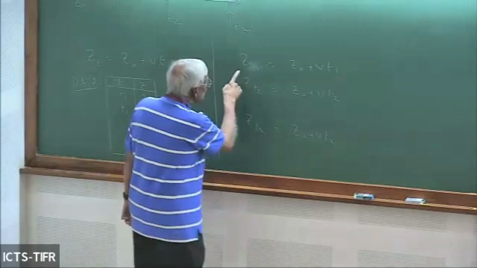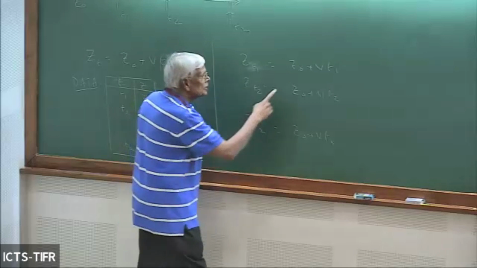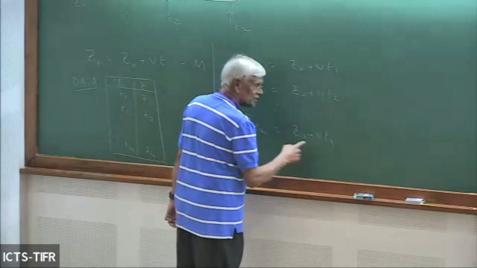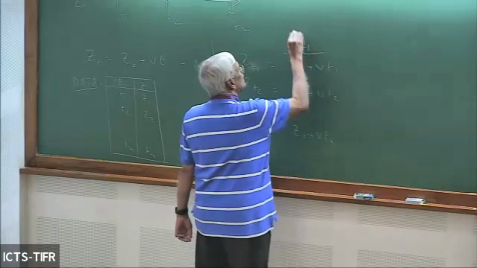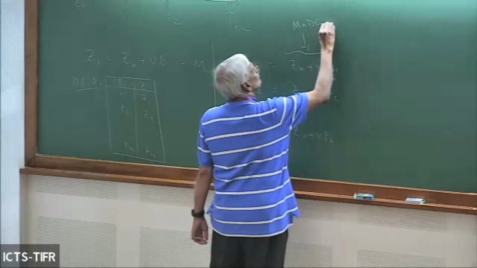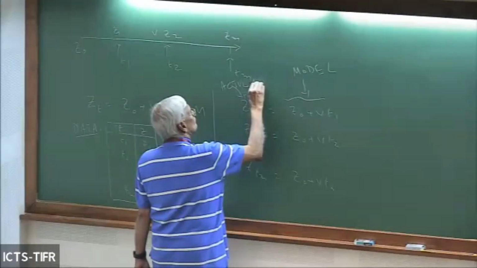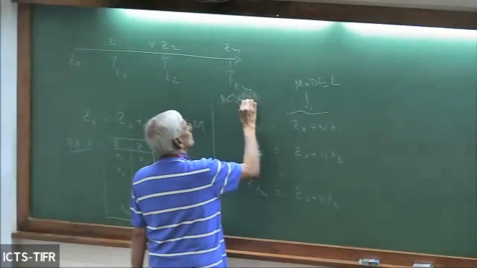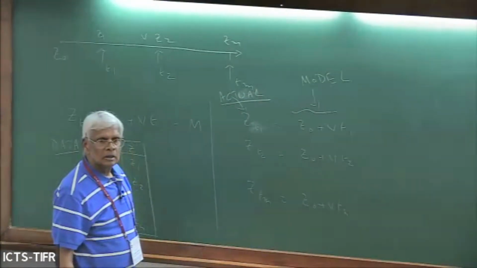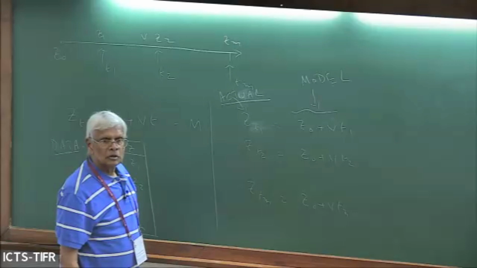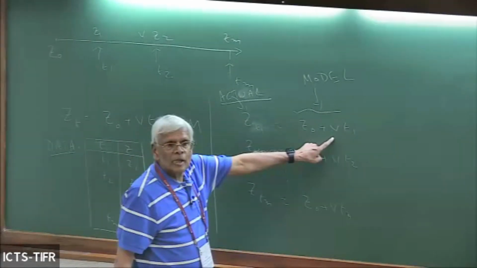Now, what is it that I want to do? So this is the actual positions observed. This is the model predicted positions. I don't know what Z0 is. I don't know what V is.